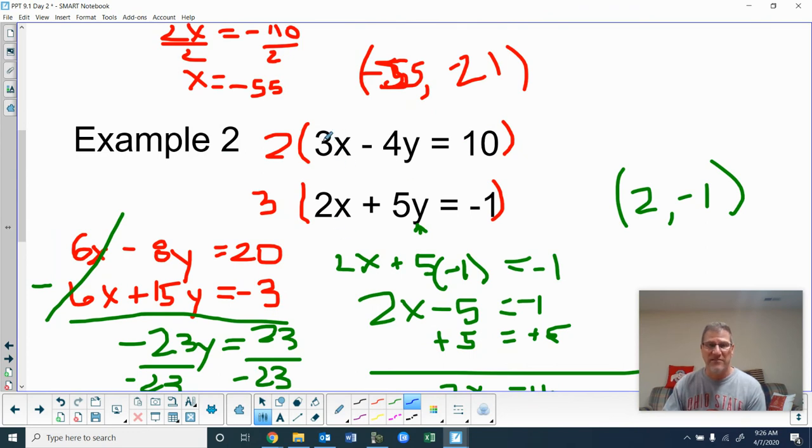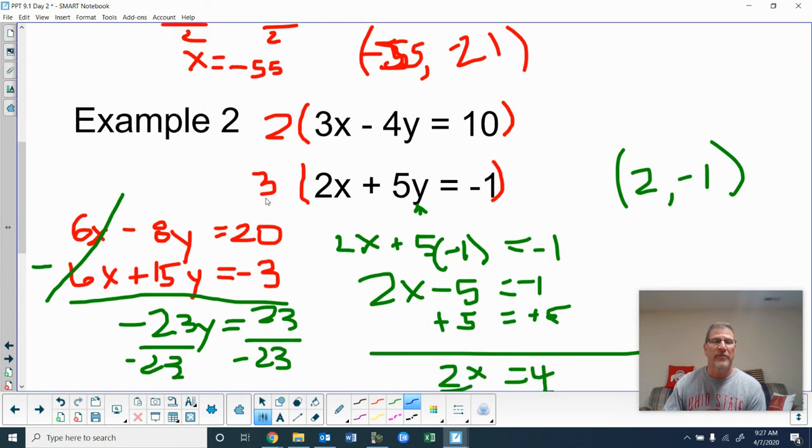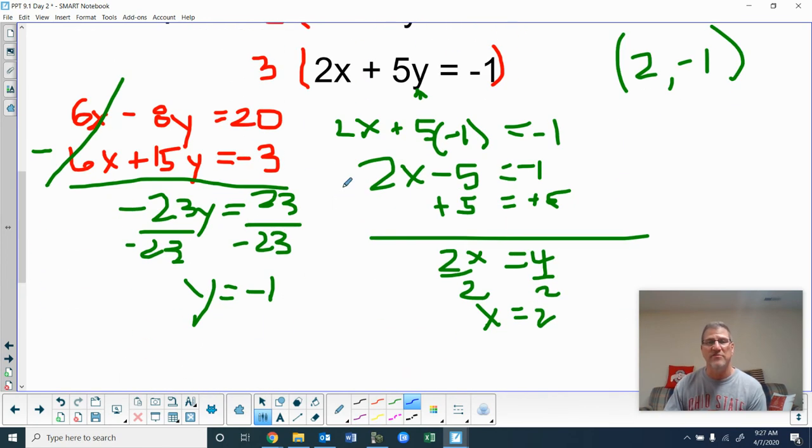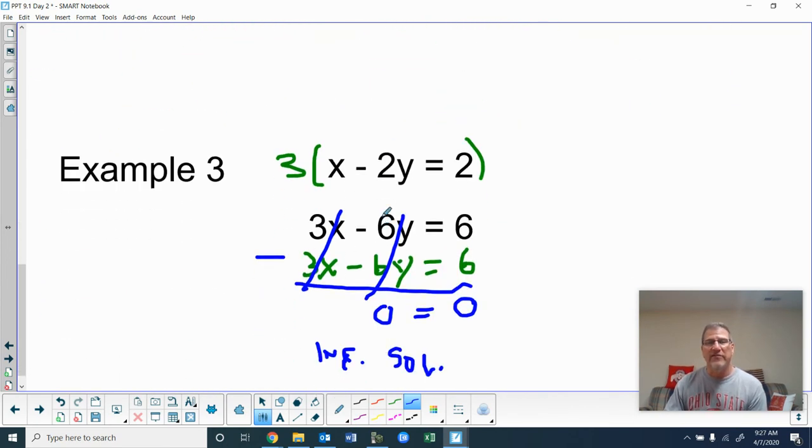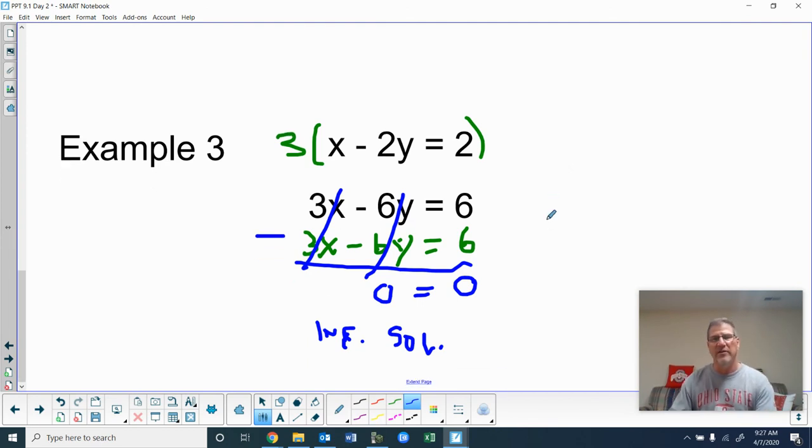I made the x's the same, so I multiplied the top by 2, the bottom by 3, and got 6's, and then subtracted because the signs were the same. And number 3, I got the y's the same, so I multiplied the top by 3 because 3 times 2 is 6. I put it underneath there, and everything was eliminated, and we got a true statement, so we had an infinite number of solutions instead of no solution.